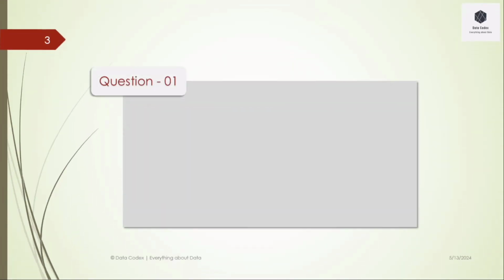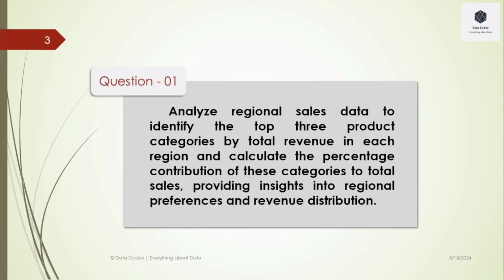Let me first explain all the questions. In the first question we are going to analyze the regional sales data to identify the top 3 product categories by total revenue in each region and calculate the percentage contribution of these categories to total sales, providing insights into regional preferences and revenue distribution.